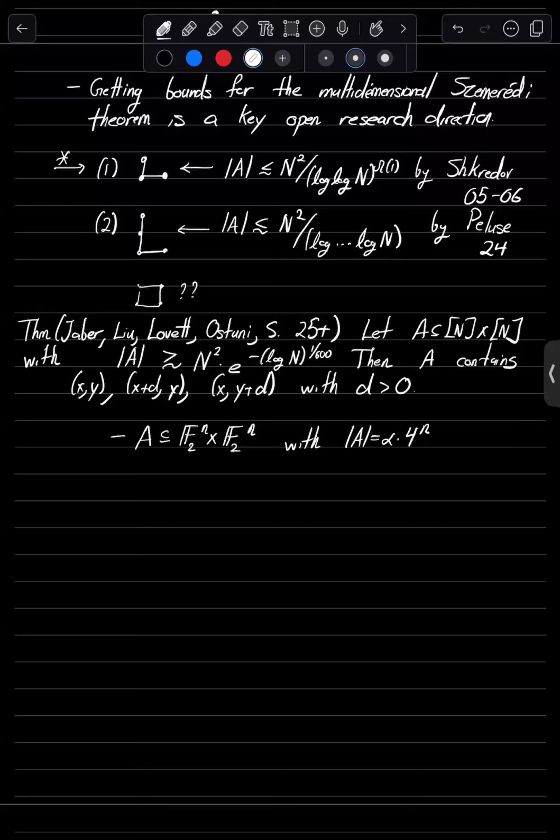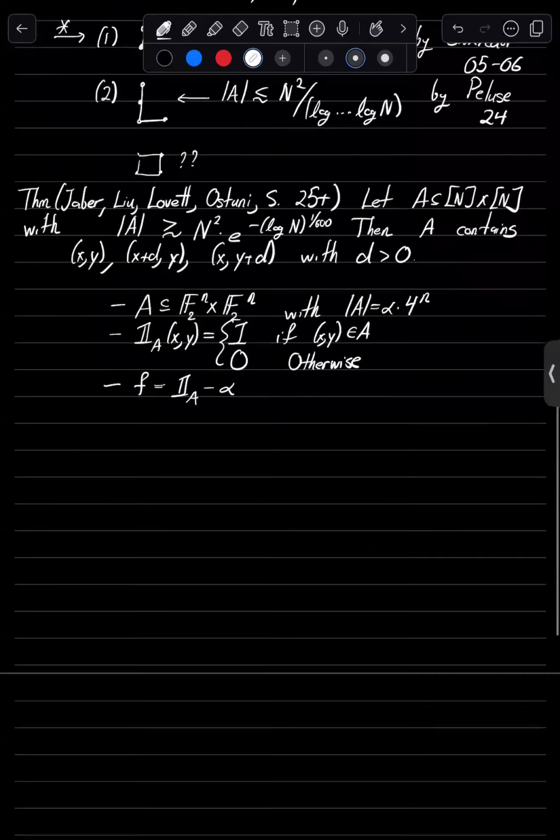So this set A has density alpha. The indicator function of A at (x,y) is 1 if (x,y) is in A and 0 otherwise. For many computations, we don't want to operate with A, but instead with the balanced indicator function of A: you take the indicator of A and subtract off alpha, which is the mean.